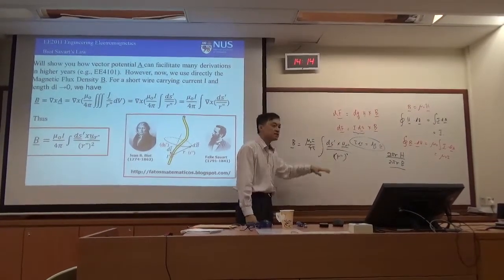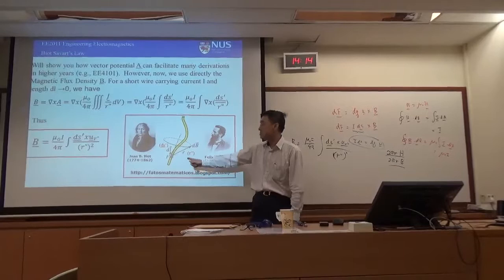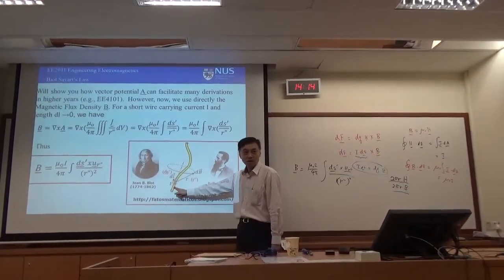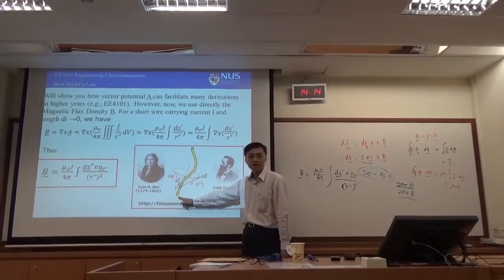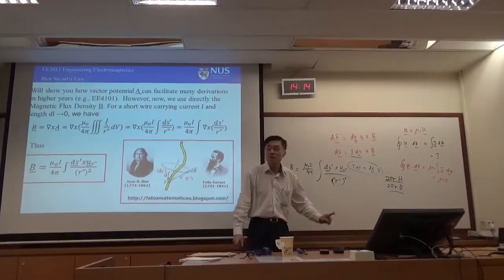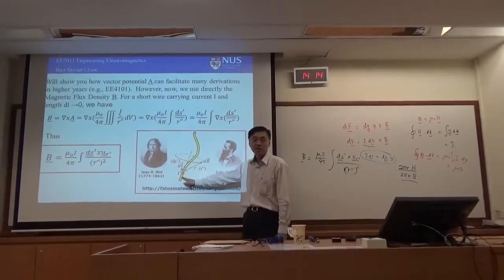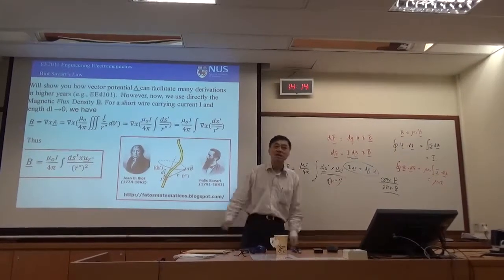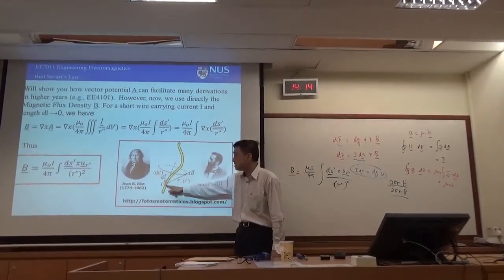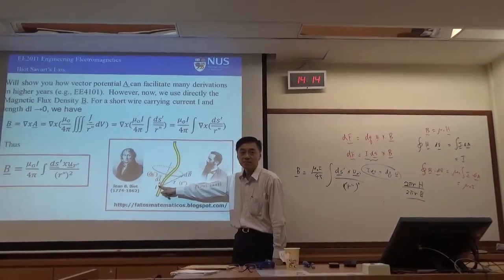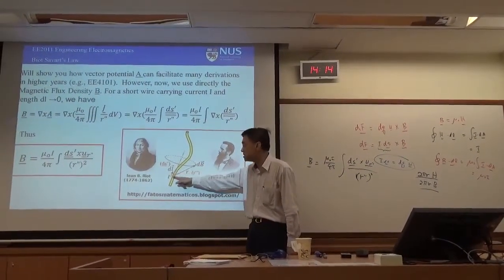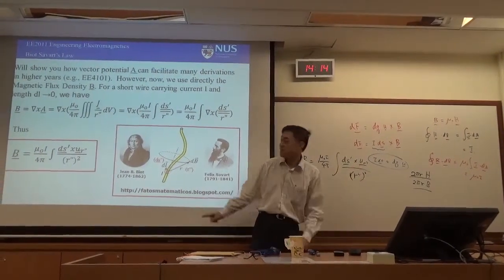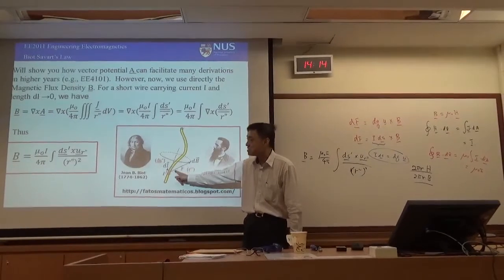And remember, ds prime is the elementary length in the direction of the current flow. R double prime is the distance between the elementary current and the observation point, and u r double prime is the unit vector in that direction.